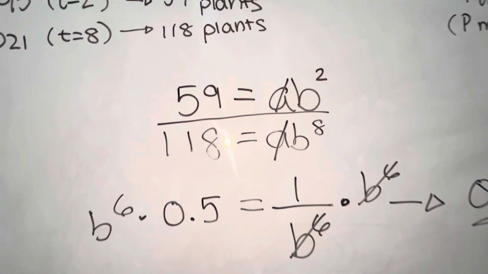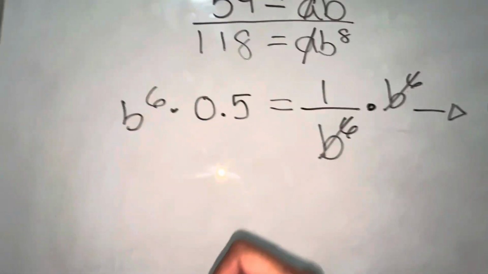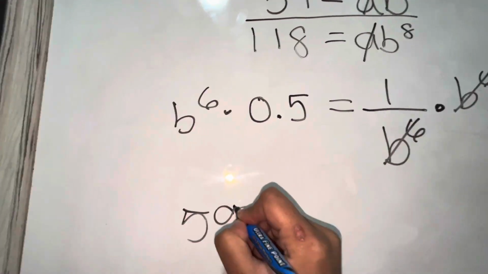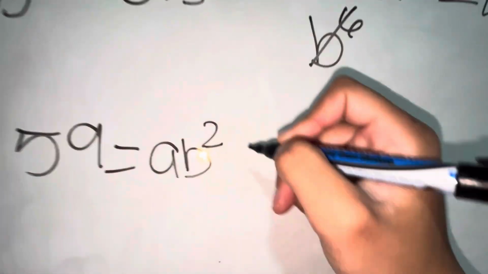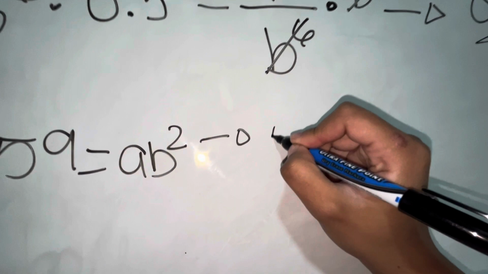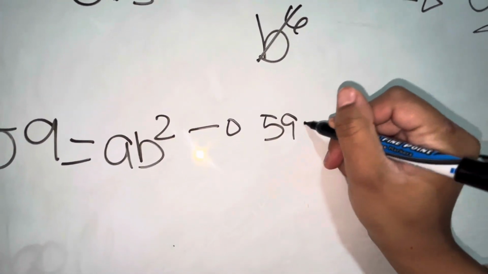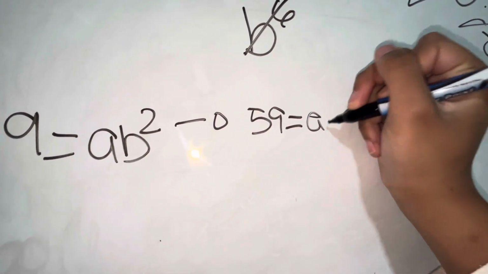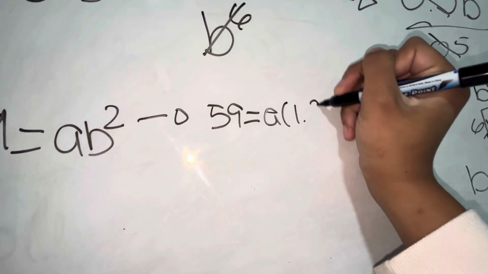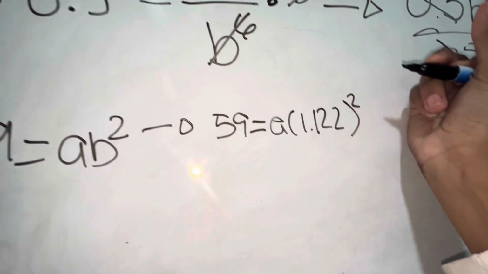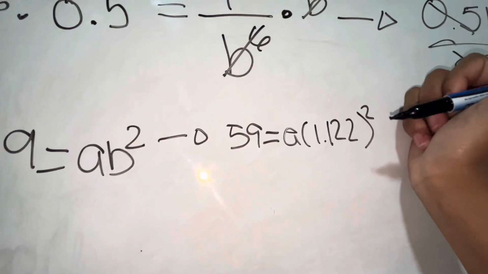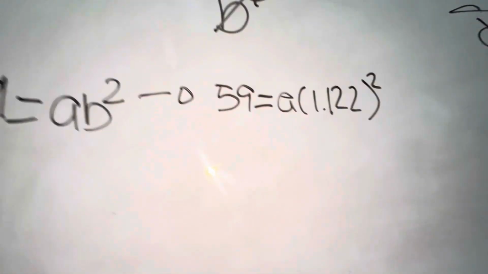So let's use 59 equals ab squared, which can also be written as 59 equals a times 1.122 squared. Again, use the one in your calculated version, not the rounded version.